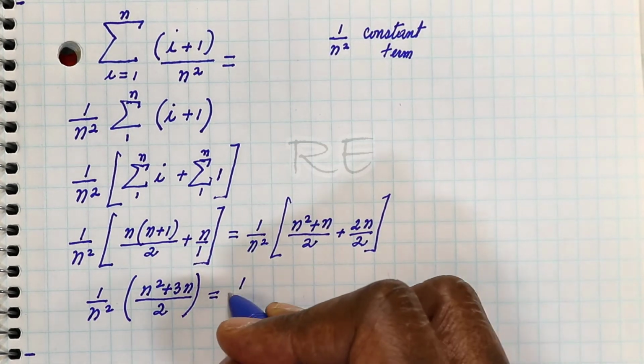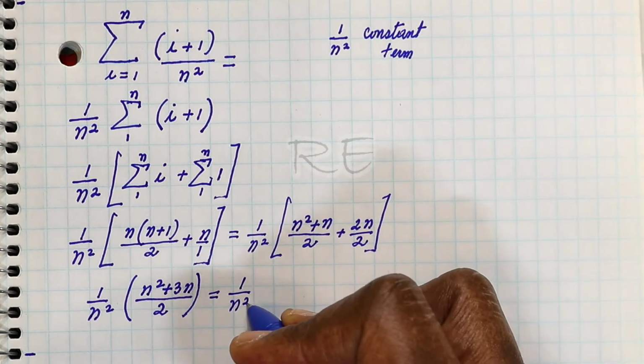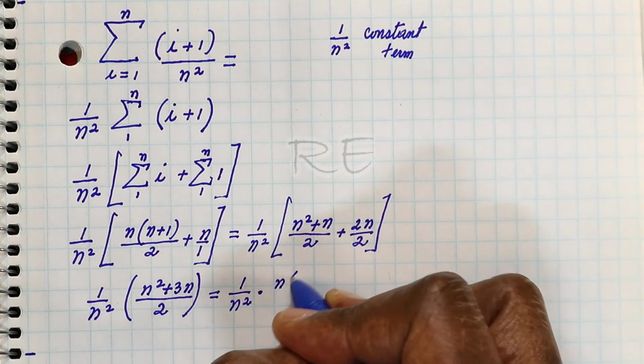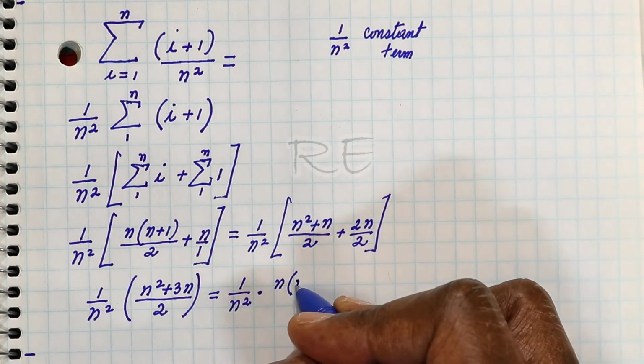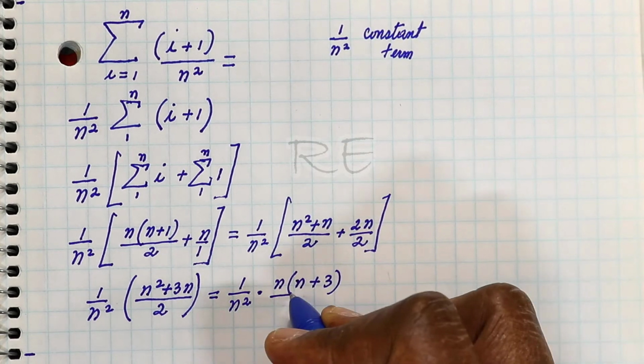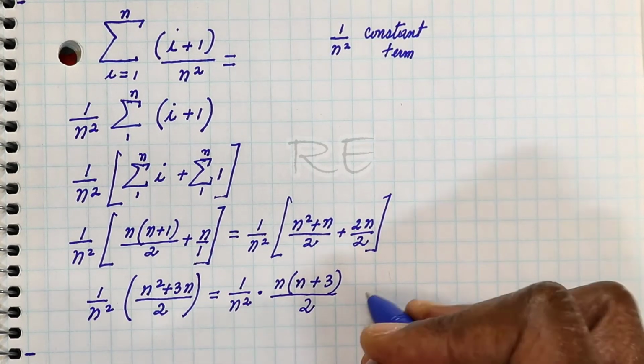Which is really 1 over n squared times, when we factor out n, n times (n + 3) over 2.